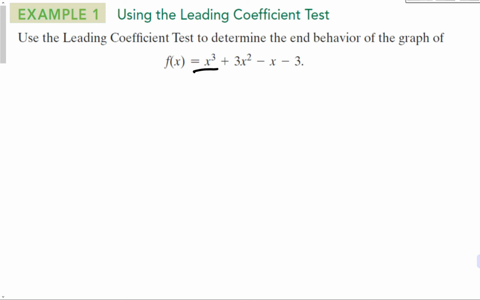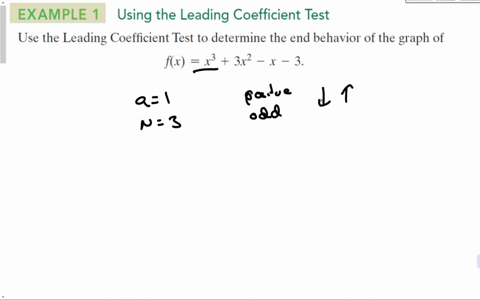I look at this and I can see that the leading coefficient is 1 and my exponent is 3. So that's a positive and odd number. A positive and odd number means that this graph falls to the left, rises to the right.